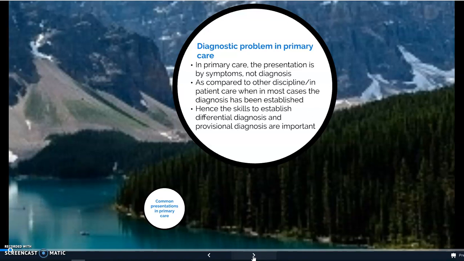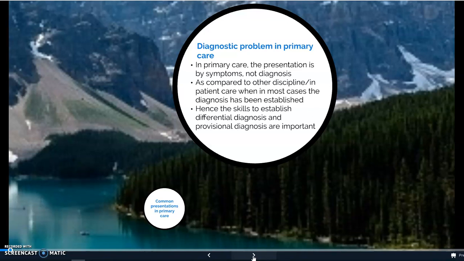As compared to other disciplines or hospital care, in most cases the diagnosis has been established, whether in the emergency department or the health clinics. They actually have made some differential diagnosis and provisional diagnosis, and then only they refer cases to you.